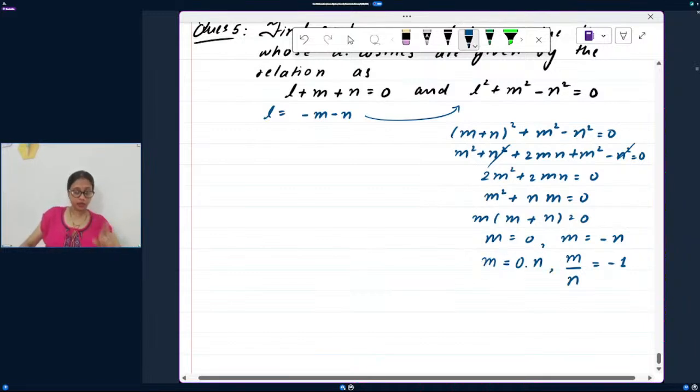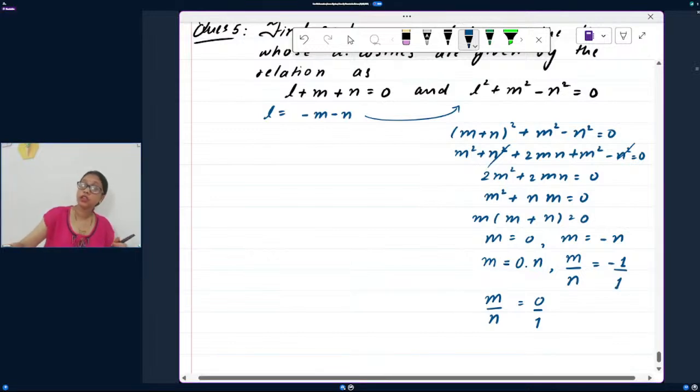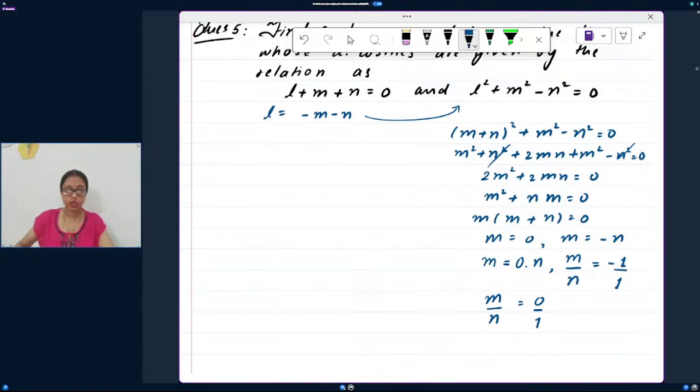Now, m by n is 0 by 1. This is also possible. So it is minus 1 by 1 and 0 by 1. These are the two answers.